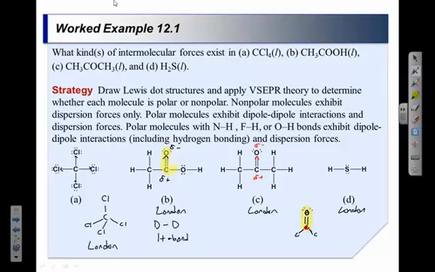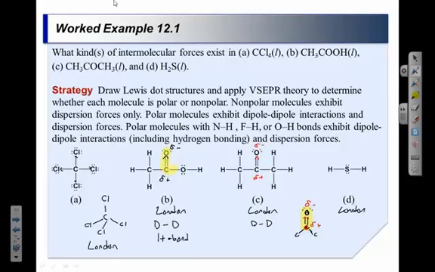The angles will be about 120, but either way, the electronegativity difference is going to create some large partial charges there. So I'm always going to have one side that's permanently negative, and the other side is always going to be permanently positive. So that means it will be capable of forming dipole-dipole attraction.